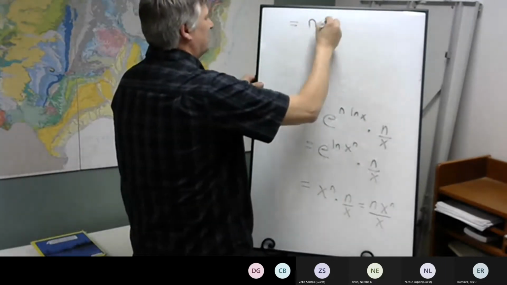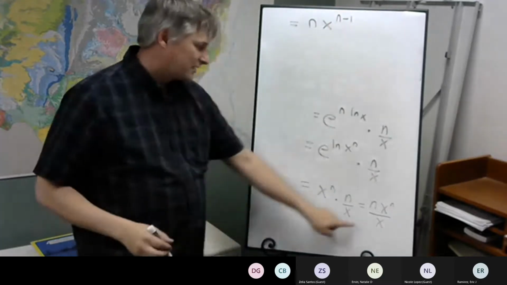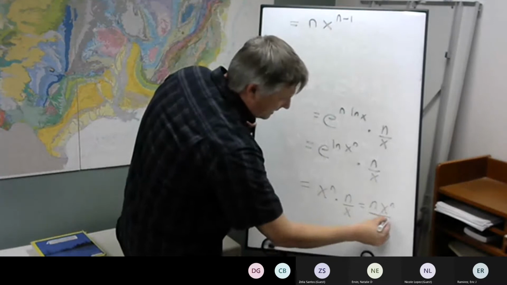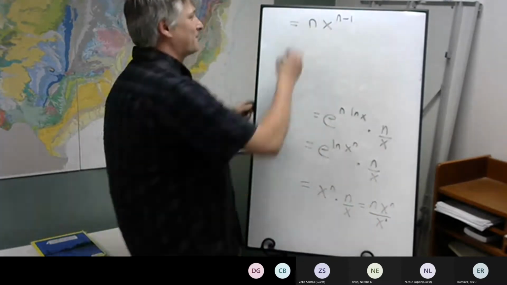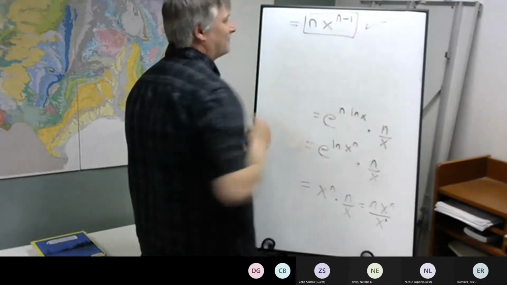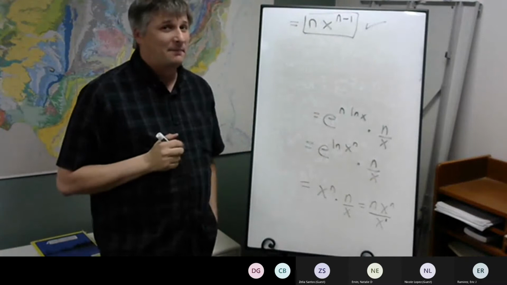Or n x to the n minus 1. Because we're dividing by an x, this is x to the n. You could think of this as x to the 1. And so we're going to get x to the n minus 1. So any questions about that?